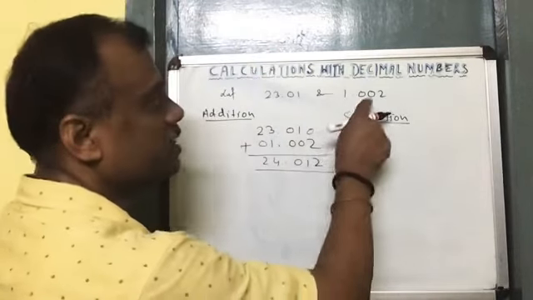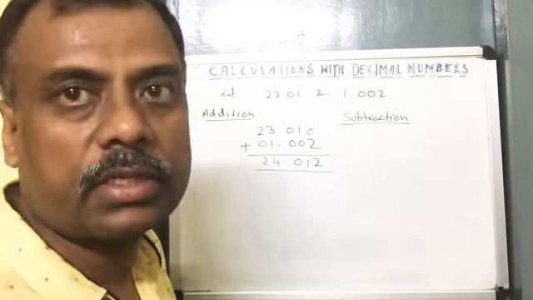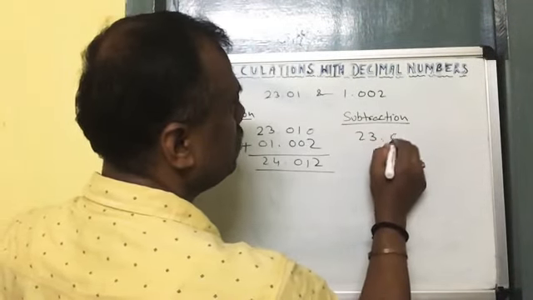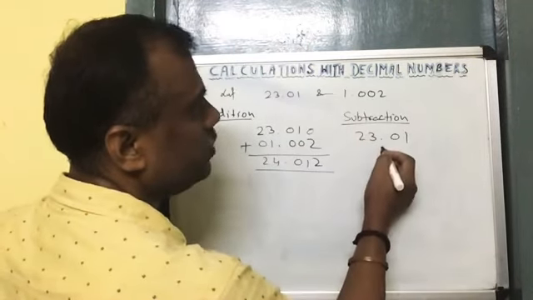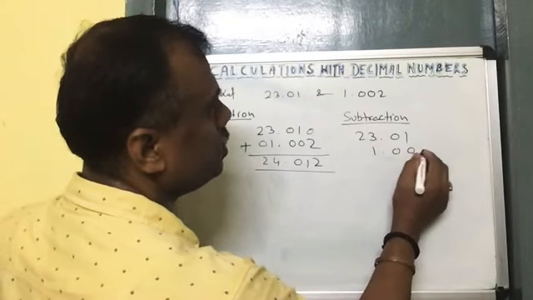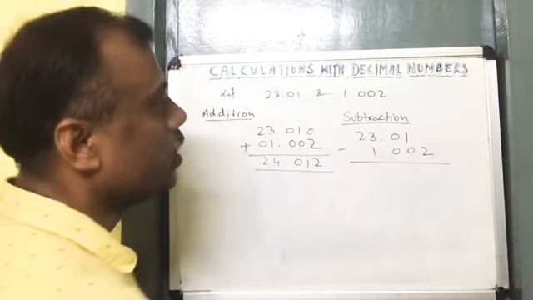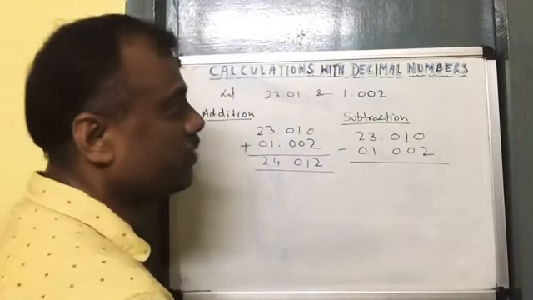Similarly for subtraction also. Let us subtract this number from 23.01, as we know that 23.01 is more than 1.002. So let us write 23.01 in the same way. The decimal should be just below the decimal. So 1.002 for subtraction. Wherever there is a gap, you put 0, as we know that there will be no change in the value.